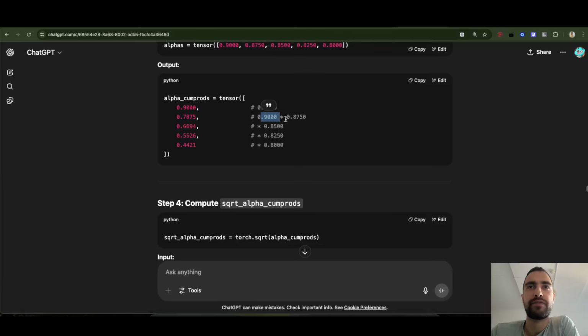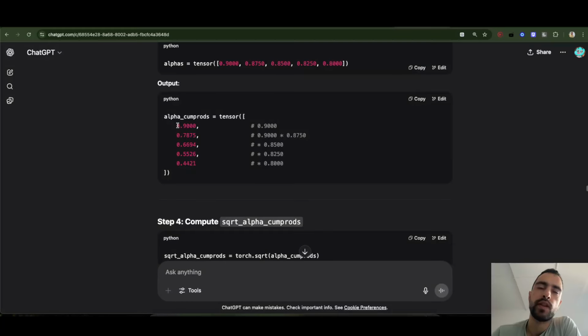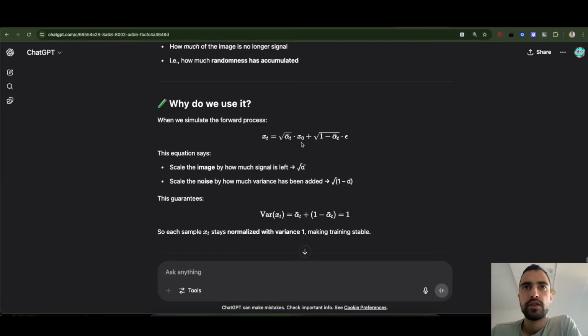So the first alpha times the second alpha will give the actual amount of the clean image. So we have this alpha cumulative product. This shows the actual amount of clean image: first step, second step, third step, etc. So these are going to be our actual values. And 1 minus this will be the values for the noise. So let's imagine that there are no square roots here. We just have the amount of the clean image in the current step times this clean image. This is a scalar.